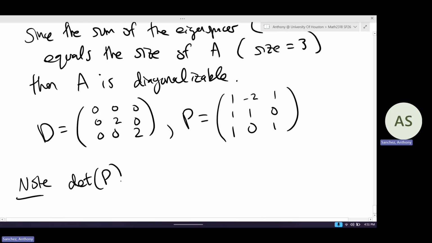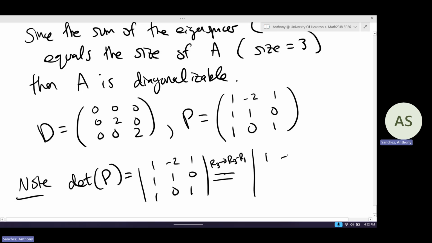The determinant of P is just the determinant of the matrix with rows 1, 1, 1; 1, 0, negative 2; 1, 0, 1. Do I want to do a single row operation to get an extra 0? I think I will. I'm going to grab row 3 and replace it with row 3 minus row 1.